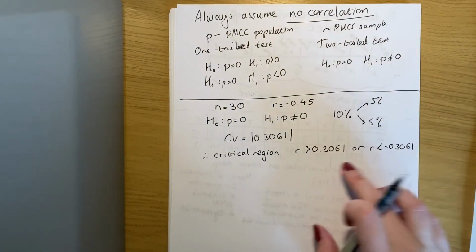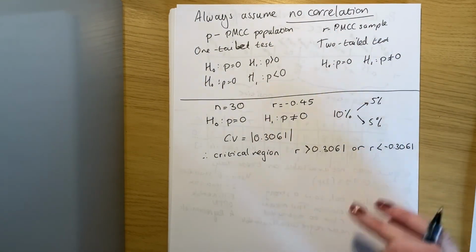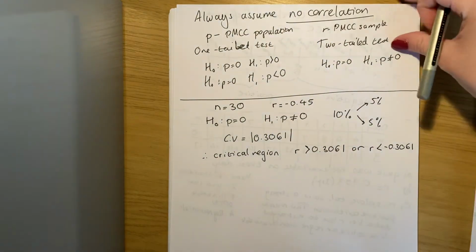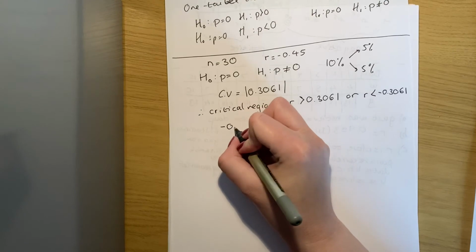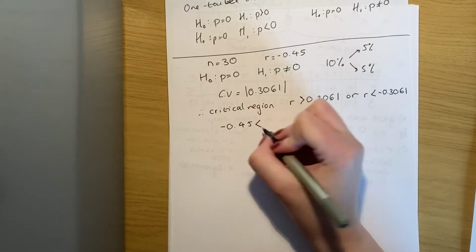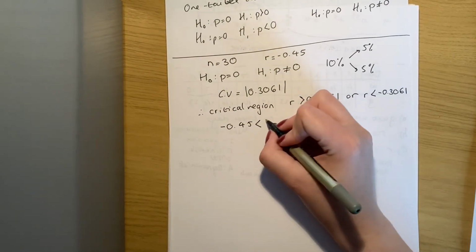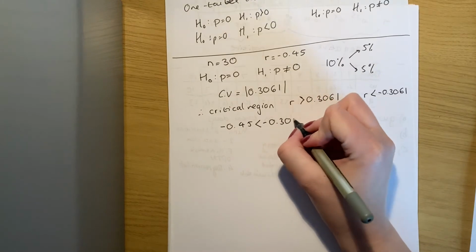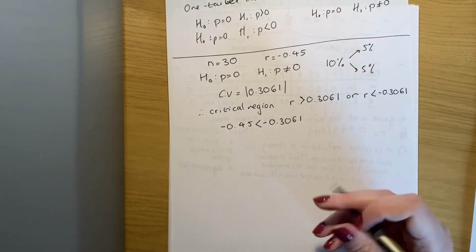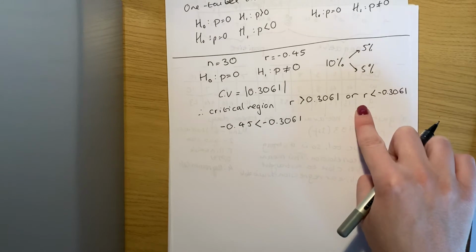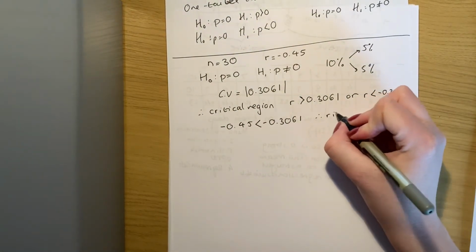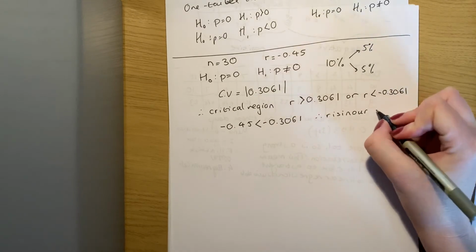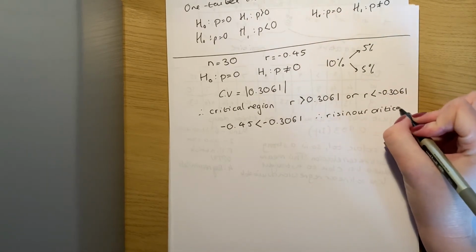One of those will tell us that there is a correlation either way. Now we need to compare. So negative 0.45 is less than negative 0.3061. So we need R to be less than it, so it is. So therefore R is in our critical region.